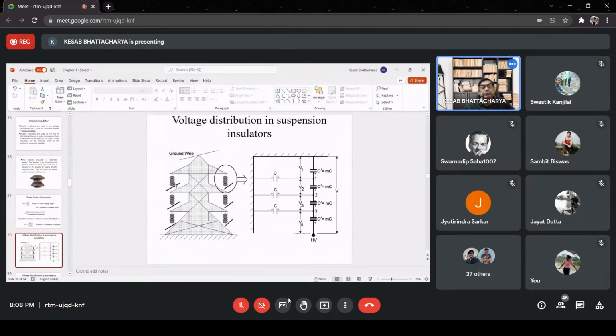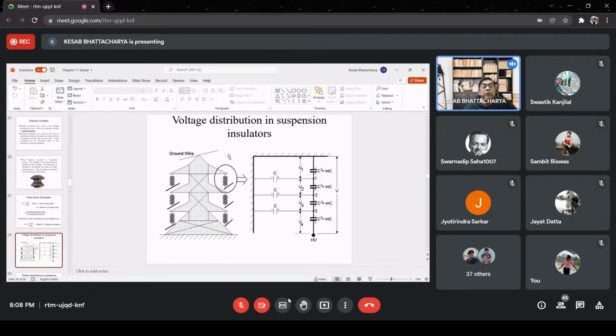Therefore, we all know that whenever two electrodes are separated by a dielectric material, and if the electrodes are maintained at different potentials, a capacitance is formed in between.